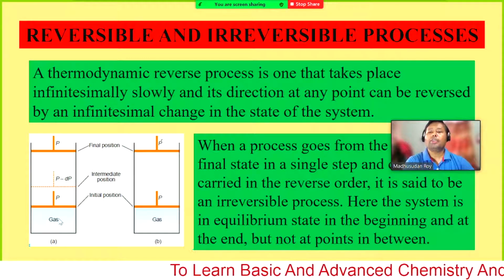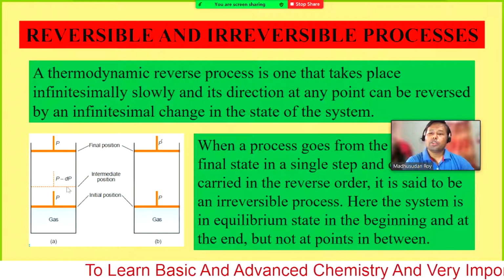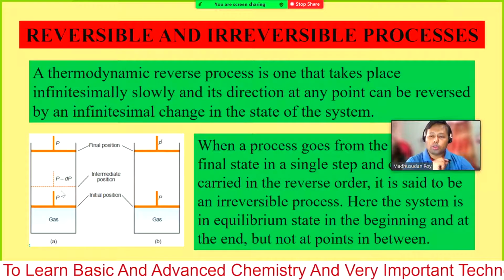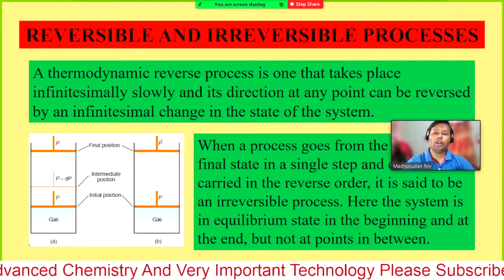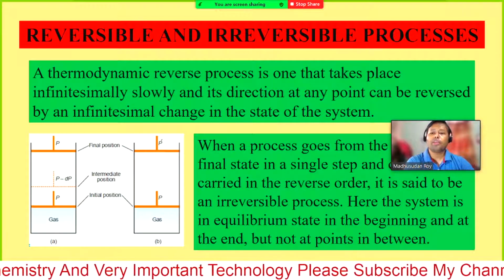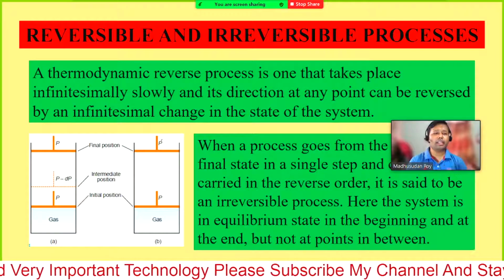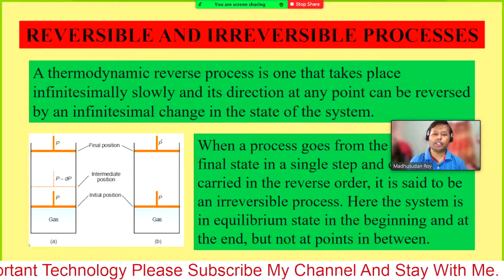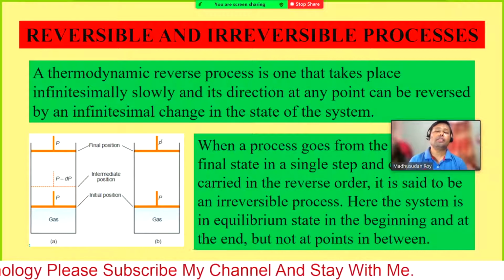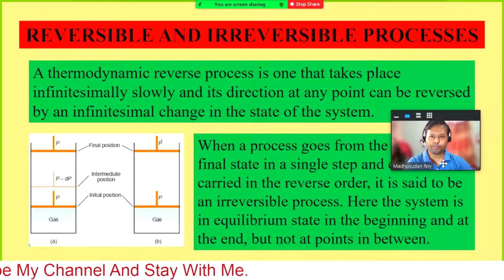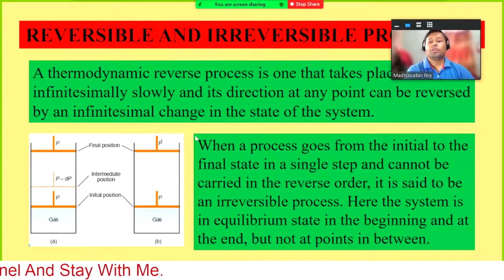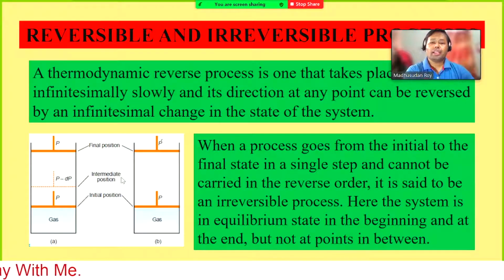So if there is any system, that is when you make the infinitesimal change with very long time or very slowly, and it can be easily reversed by changing the situation or condition, then that system can be considered as reversible system. So we can have another idea just opposite to this.